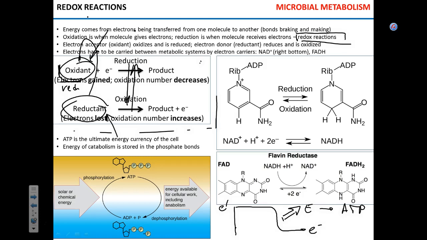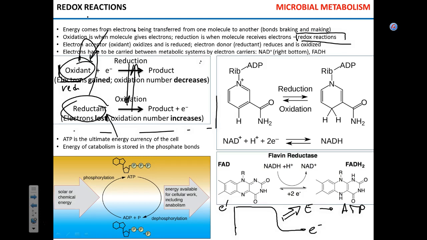So it's all about electron transfer. A glimpse into the future of majority of our conversations: the molecule that will provide all those high energy electrons will be glucose. And the molecule that will receive all those electrons at the low level will be oxygen.